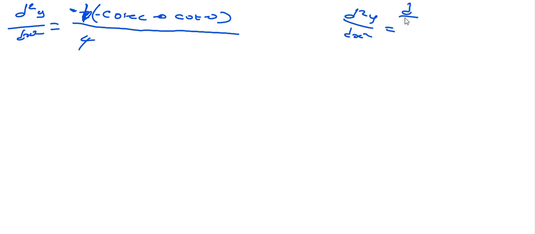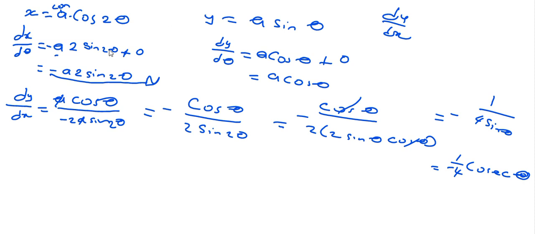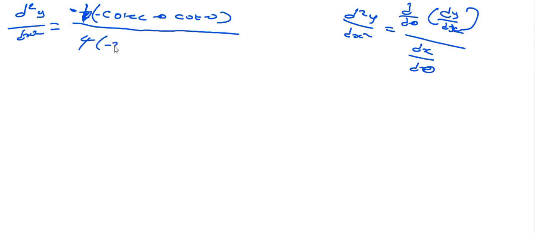You differentiate your first derivative, and then you divide it by the derivative of x with respect to theta. Remember, don't make a mistake. So our dx over d theta, it was negative 2a sine 2 theta.